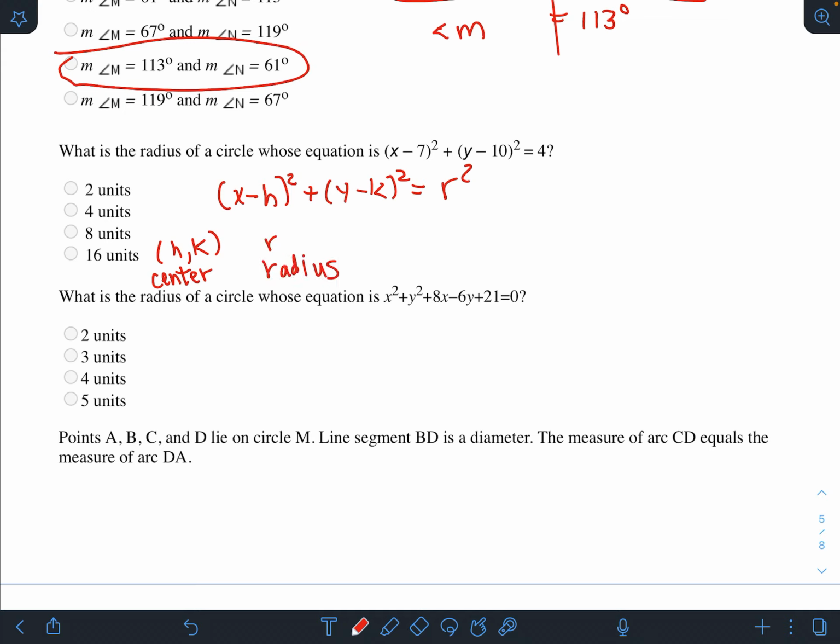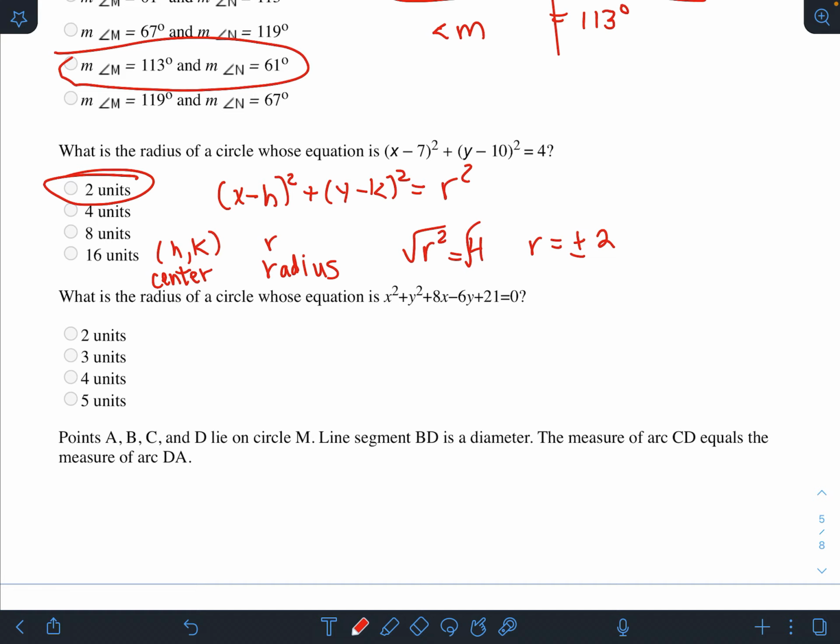So when I'm solving for the radius, we want to set r squared equal to 4. Then I'm going to take the square root of both sides, and I get r is equal to plus or minus 2. Now, since we're talking about a radius, this is a measure of length, and you can't have negative length. So it's just going to be positive 2 units.